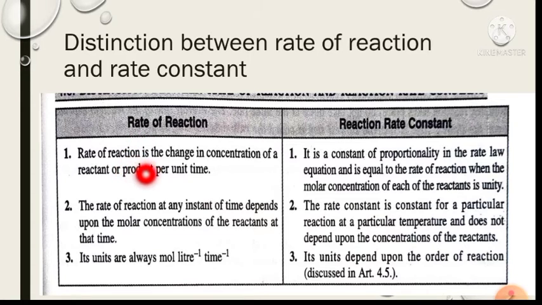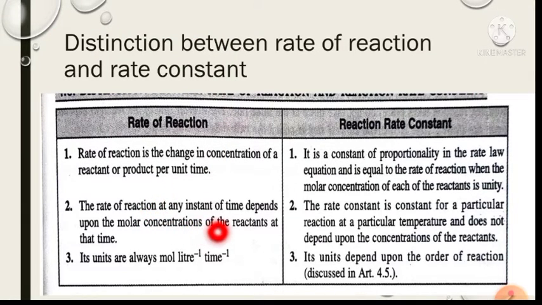But actually what is the rate of reaction? Rate of reaction is simply the change in concentration per unit time. This change in concentration may be of reactant or of product. The second difference is that the rate of reaction at any instant of time depends upon the molar concentration of the reactants at that time.